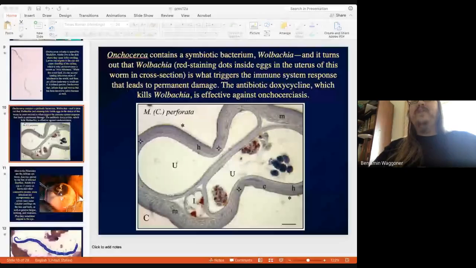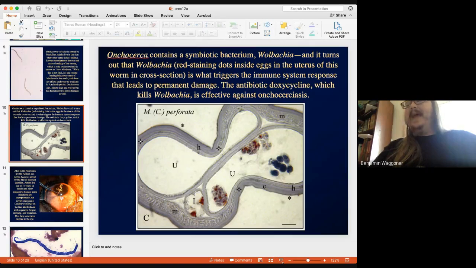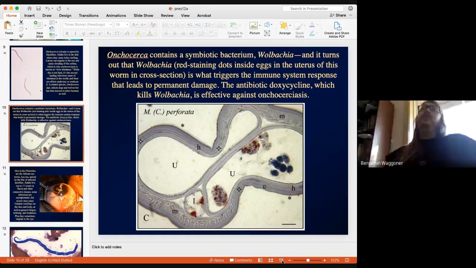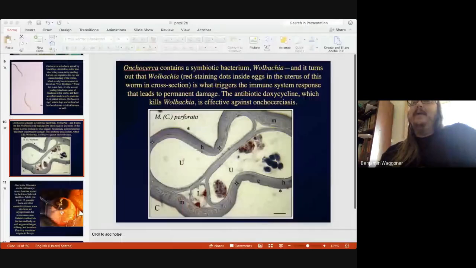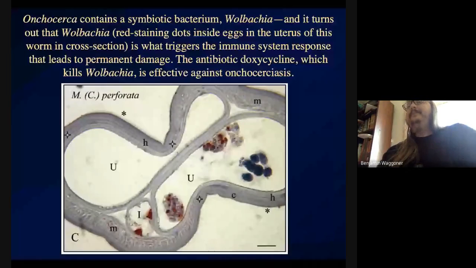We've got symbionts here that are living one inside the other like nested Russian dolls. And it turns out that it's important clinically because you can kill Wolbachia with antibiotics that we already have. Wolbachia is susceptible to the antibiotic doxycycline, and it looks like that's effective against onchocerciasis.